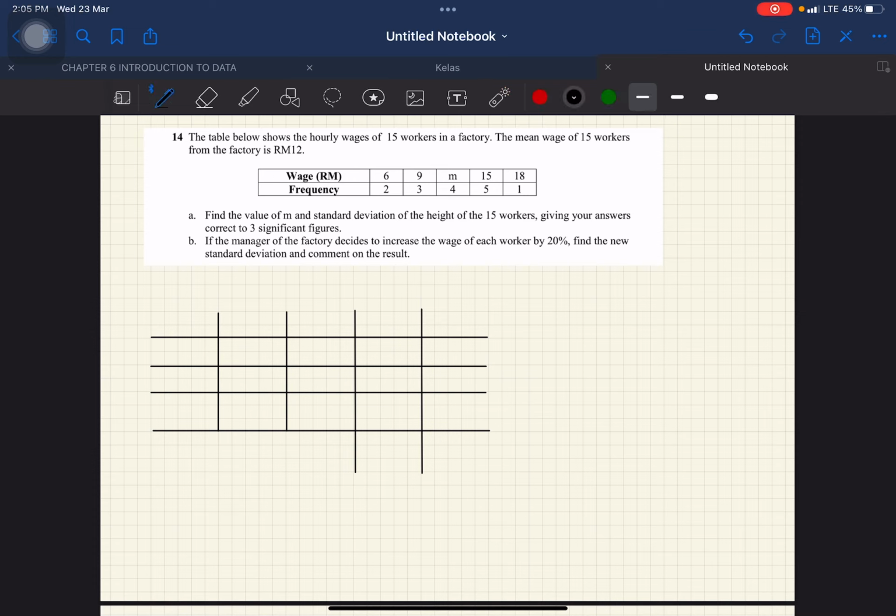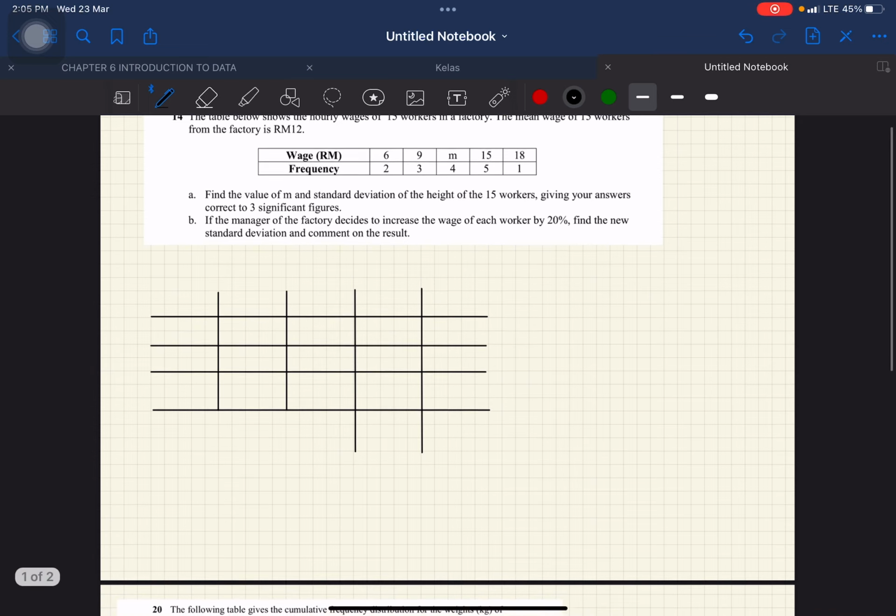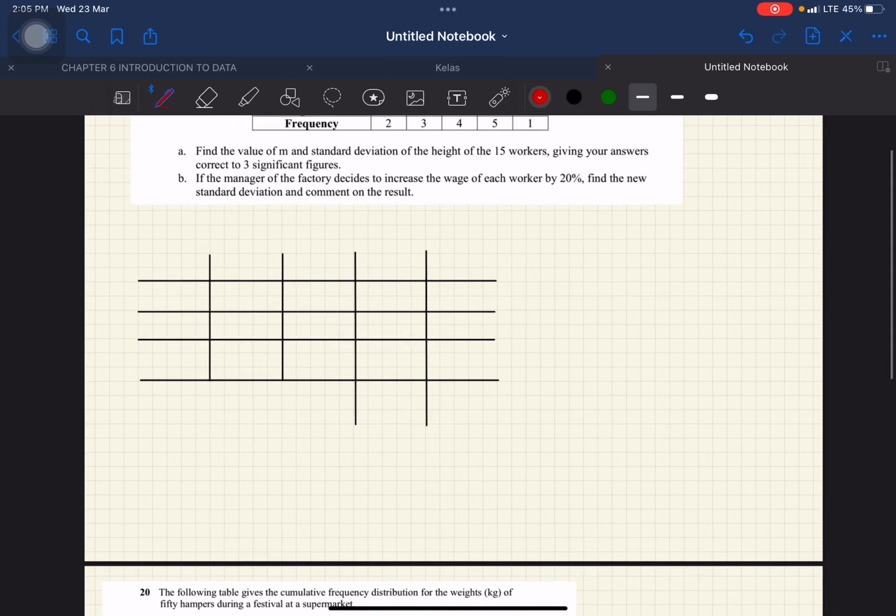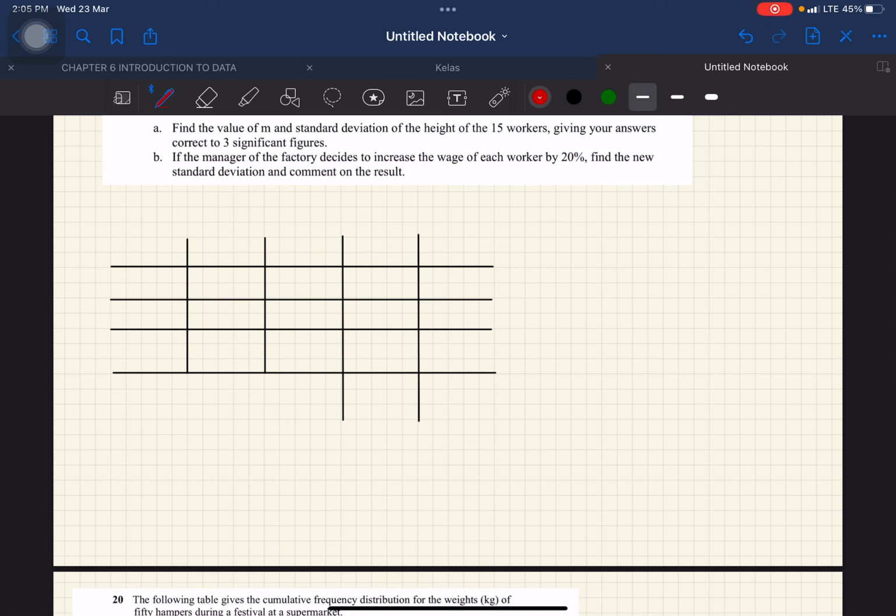Okay, so now the standard deviation formula is, I write it down here. Standard deviation S is equal to the square root of the summation of fx square minus summation of fx, all squared, over n, all over n minus 1.